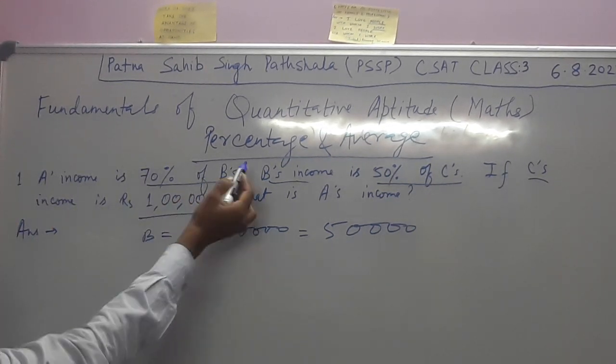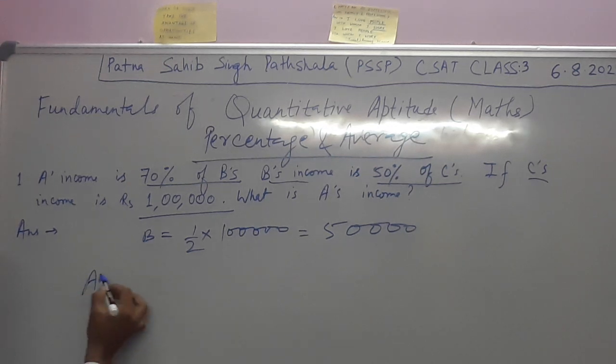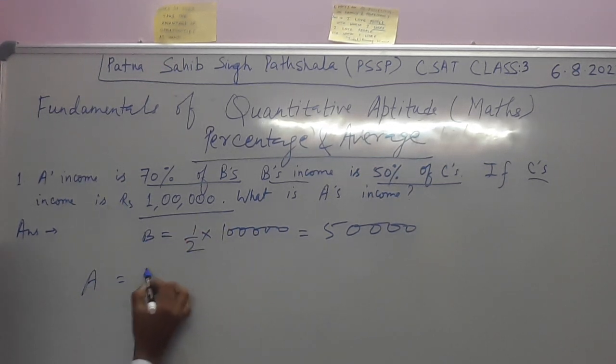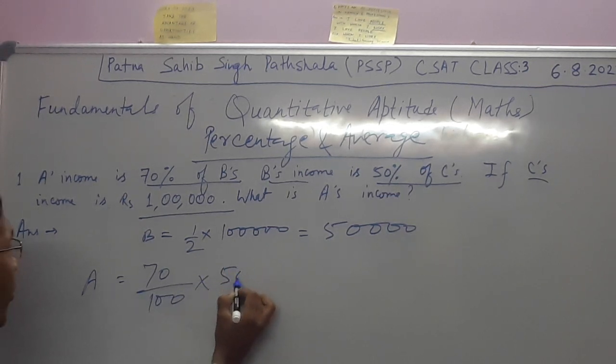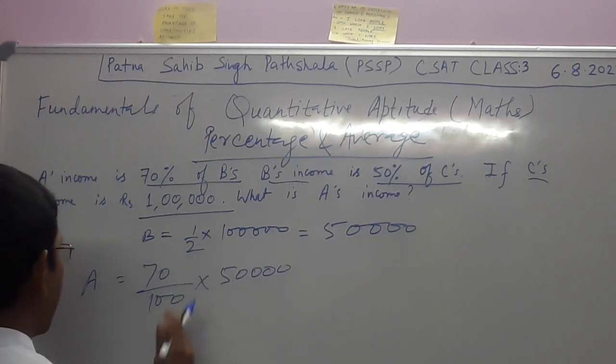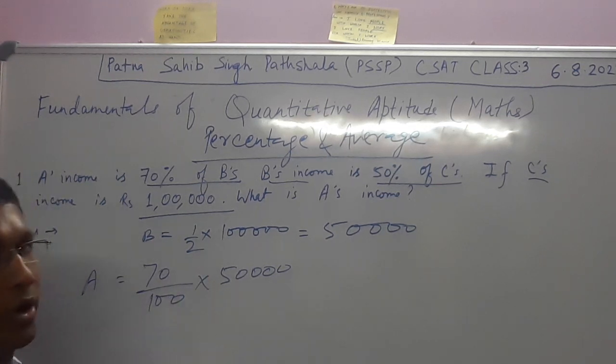A's income is 70% of B's income, so A's income will be 70 by 100 into 50,000. 70% means 70 out of 100.